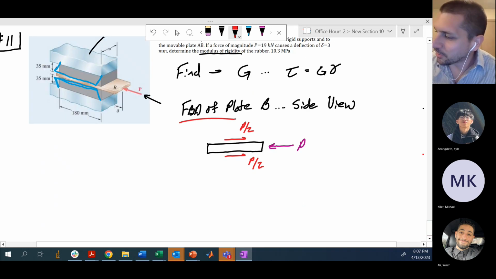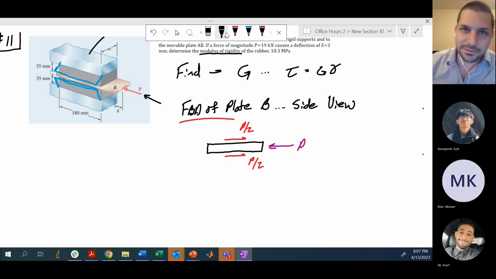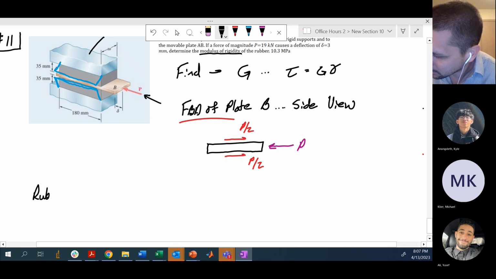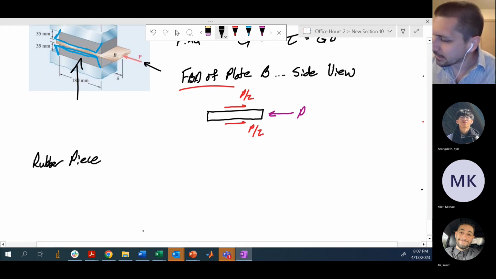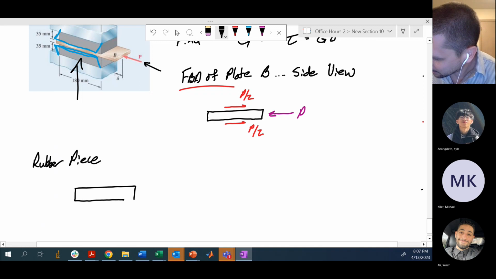I also want to do a free body diagram of one of those rubber pieces. Let's look at this one here on the bottom. It's originally going to look something like this, and it's fixed into the rigid support at the bottom.